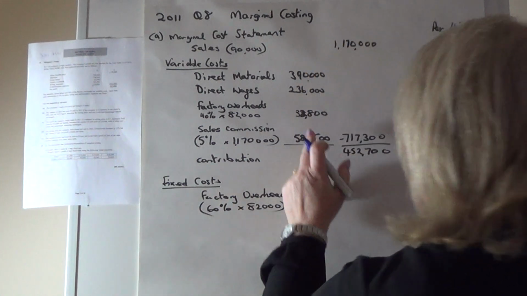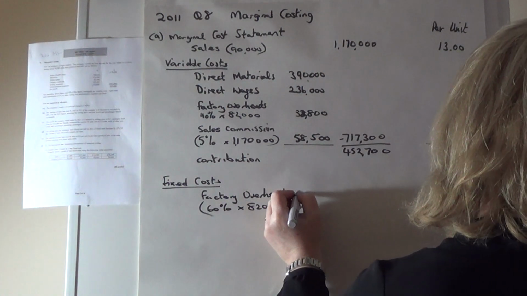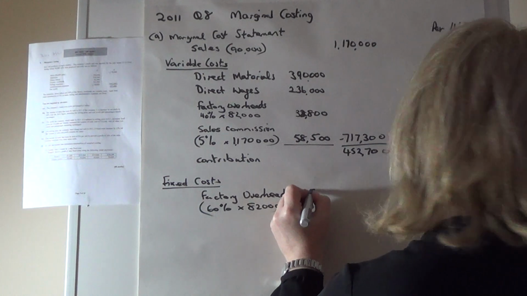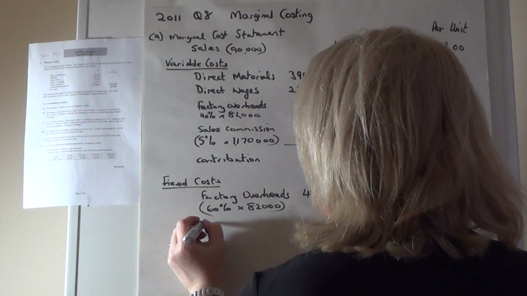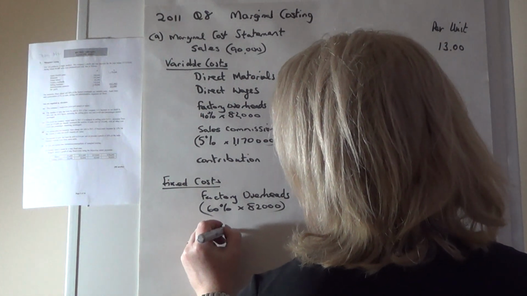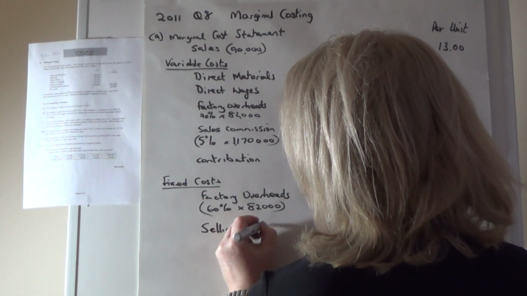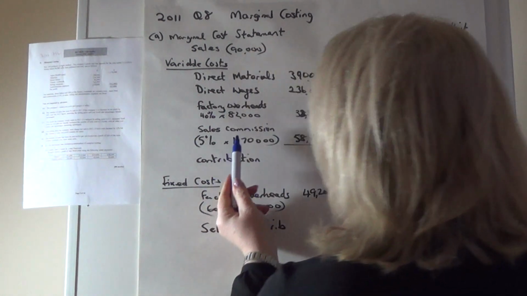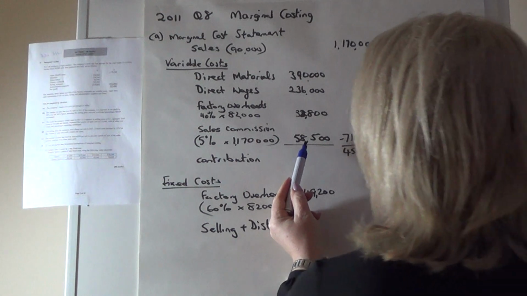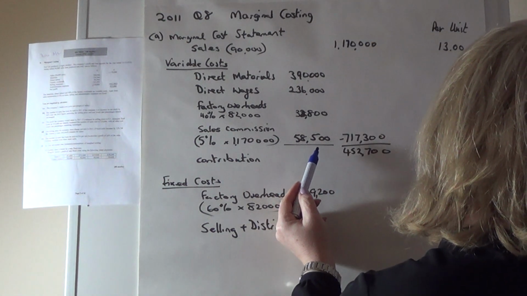That's a balance figure, so you don't need to write it up, but just to show you where the figure's coming from. So that's 49,200. And we also have the selling and distribution. And remember, we have already accounted for the sales commission of 58,500.